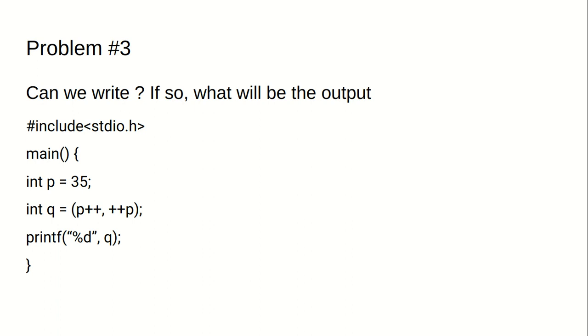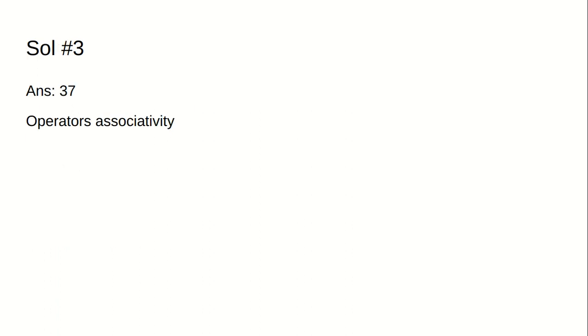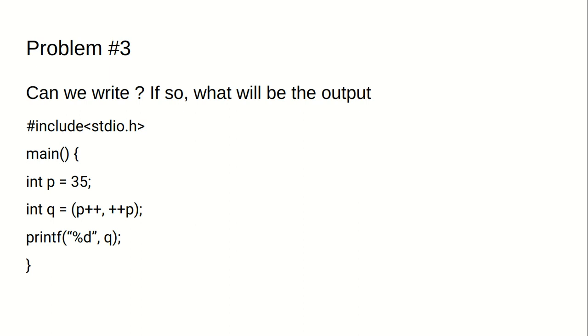For the q, you are saying? Yeah, the answer will be 37 only, because the operator's associativity deals with right to left. So what will happen is plus plus p will be executed and then p plus plus.